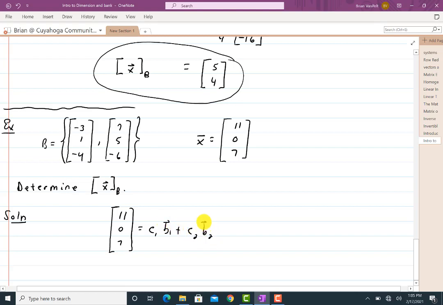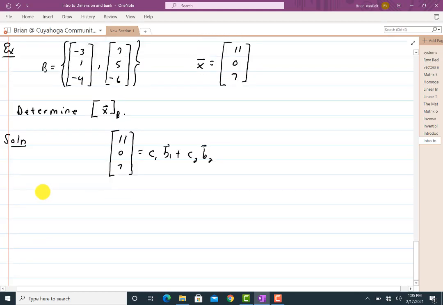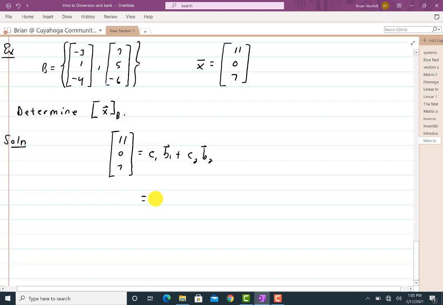How many B's are there? There's only 2 of them. So I want to find C1 and C2. Let me go ahead and put those vectors in. C1 times (-3, 1, -4) plus C2 times (7, 5, -6).